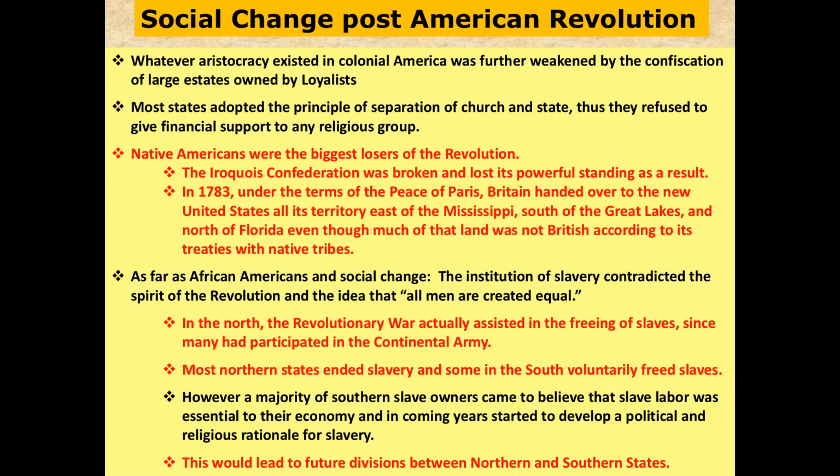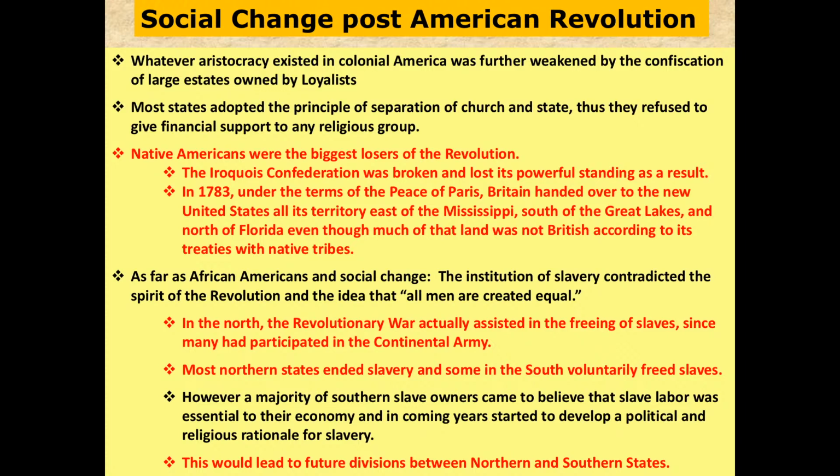So, with African Americans, the Revolution is going to change lives for a few of them, specifically those living in the North. People in the North are going to start viewing Thomas Jefferson's whole concept of all men are created equal in the Declaration of Independence, and they start taking it to heart, and they're going to start freeing slaves in various northern areas of America.